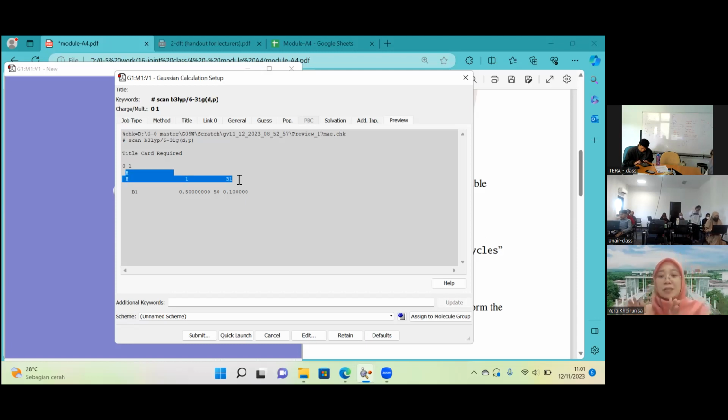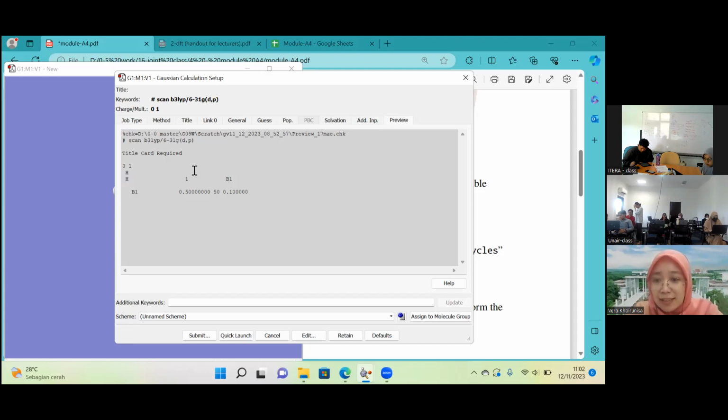In your previous calculation, you will see that the H atom is located in Cartesian coordinates. Means there is information in here. For example, the first H atom has a position on the x-axis, y-axis, and z-axis. Remember? And also the second H atom.